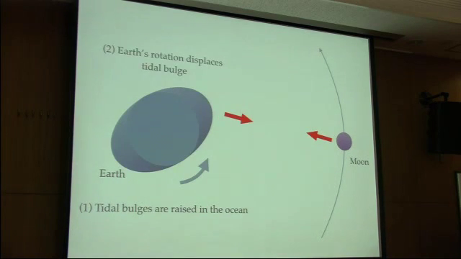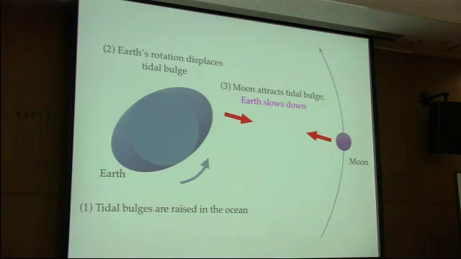So the Earth's rotation displaces the tidal bulge a little bit. Then the Moon attracts the tidal bulge. It means the Moon pulls the Earth backwards. So the Earth slows down by losing angular momentum.